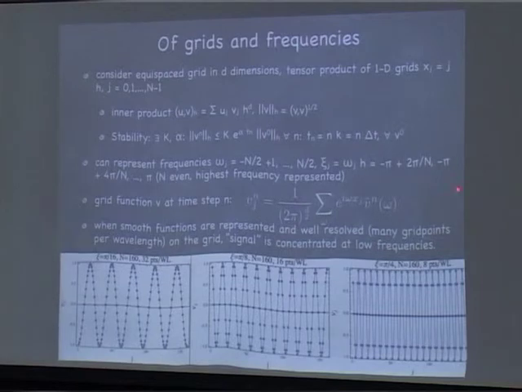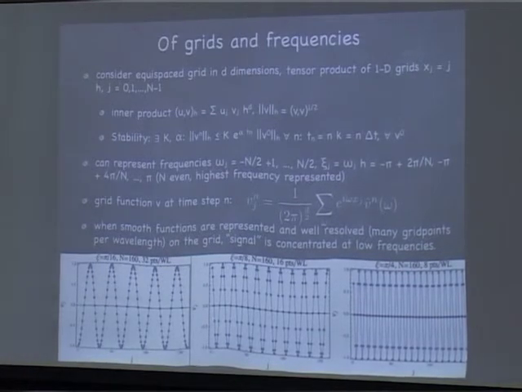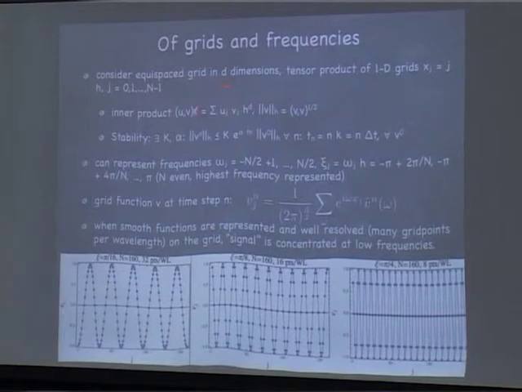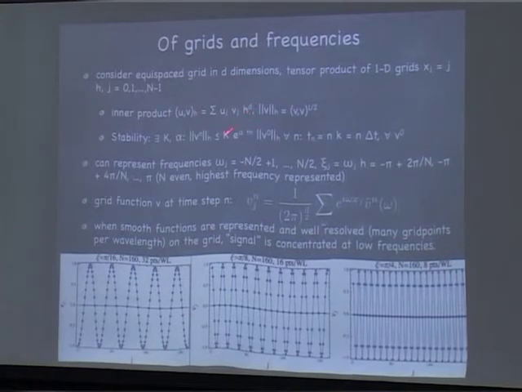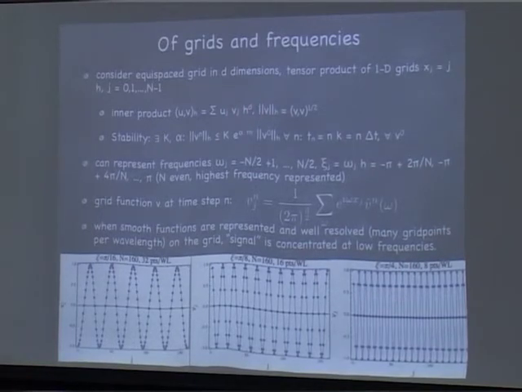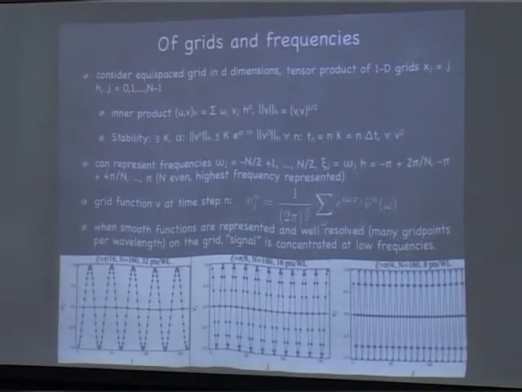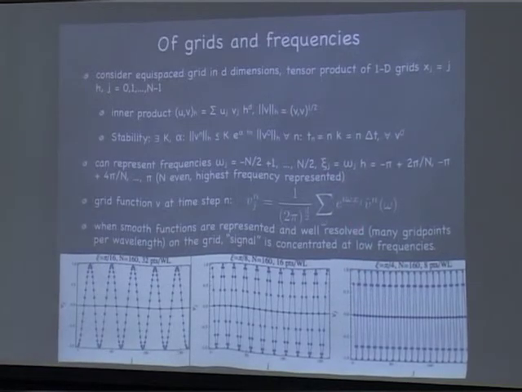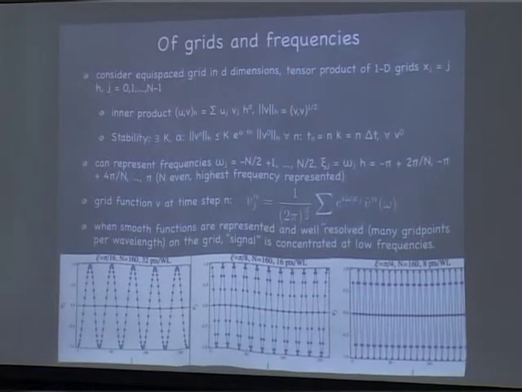Vectors on this grid, we will call grid functions. For such grid functions, we have an inner product, which is the standard scalar product, but we have to multiply it with a power of the grid spacing so that we get consistent numbers for different grid spacings. From the scalar product we can derive a norm.